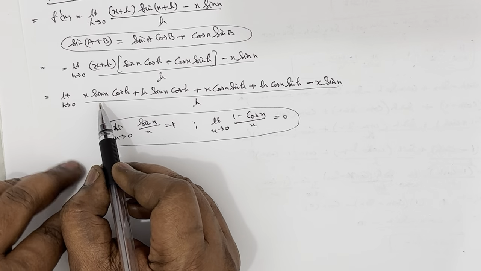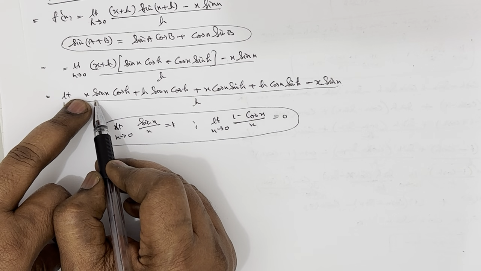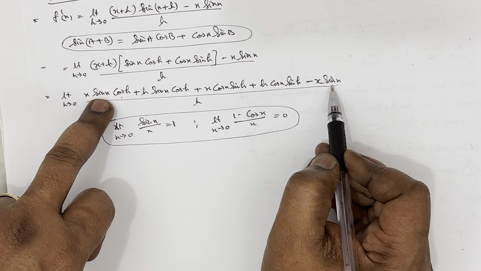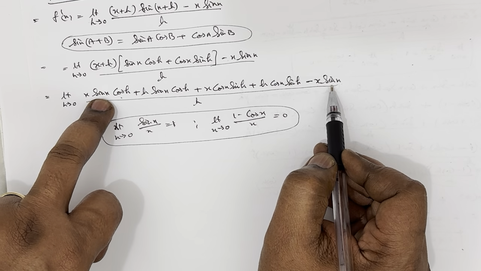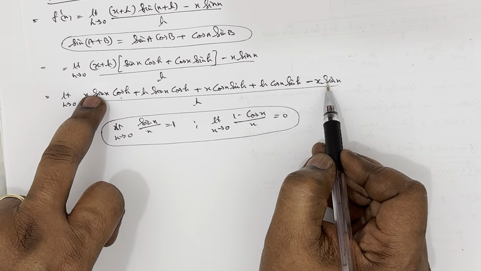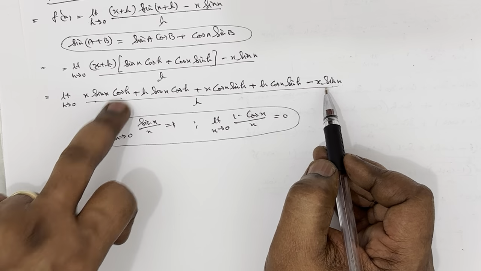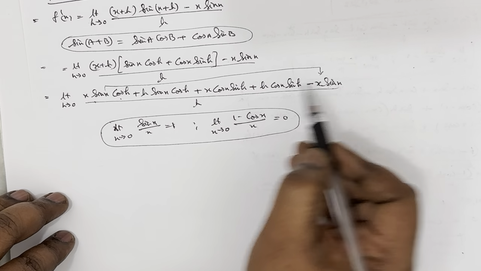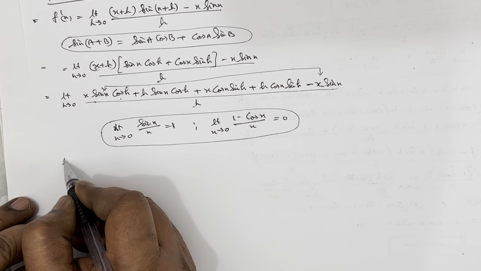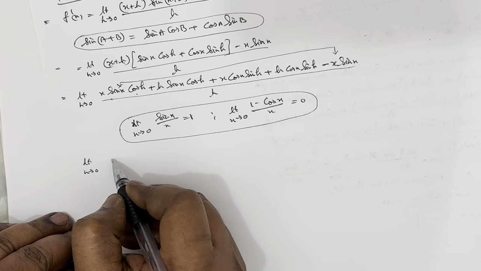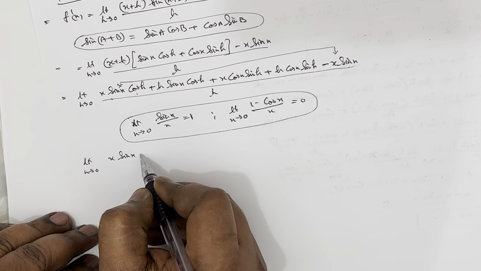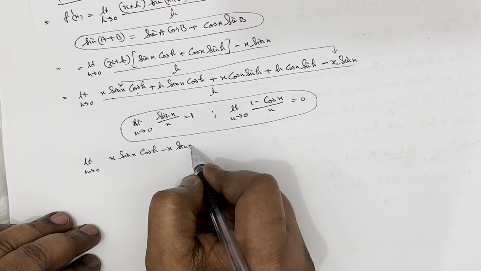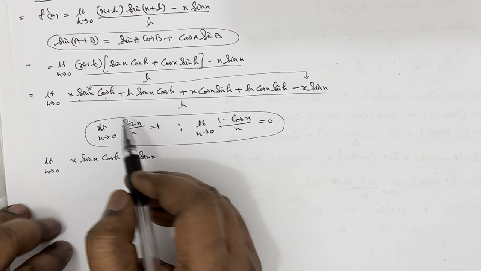Now you see, we have x sine x cos h here, and x sine x here, so if you take both together, we can take x sine x common, and cos h minus 1 will be available. So let's take these together first, limit h tends to 0 x sine x cos h minus x sine x. Okay, so that part is over.